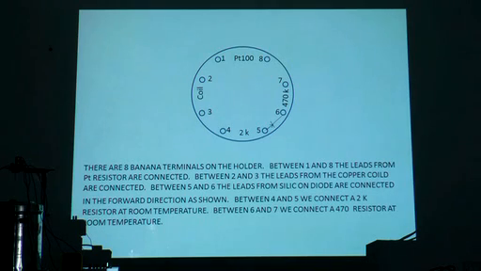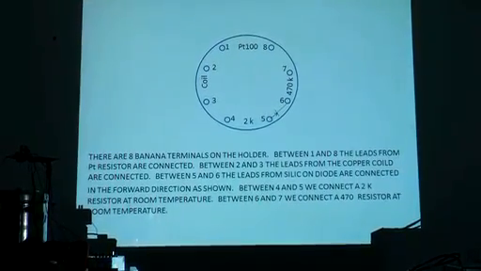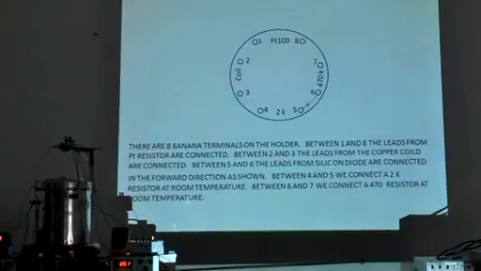This is set in low current mode, that is the two switches are down, and I adjust a current of 5 milliamperes to flow through the coil. The voltage across the coil is read on this multimeter in millivolts. It is 138.5 millivolts.